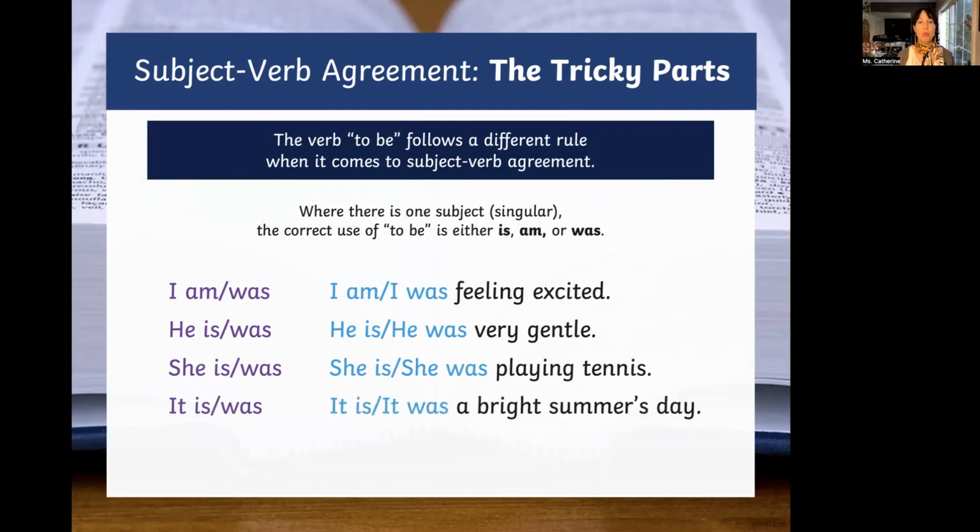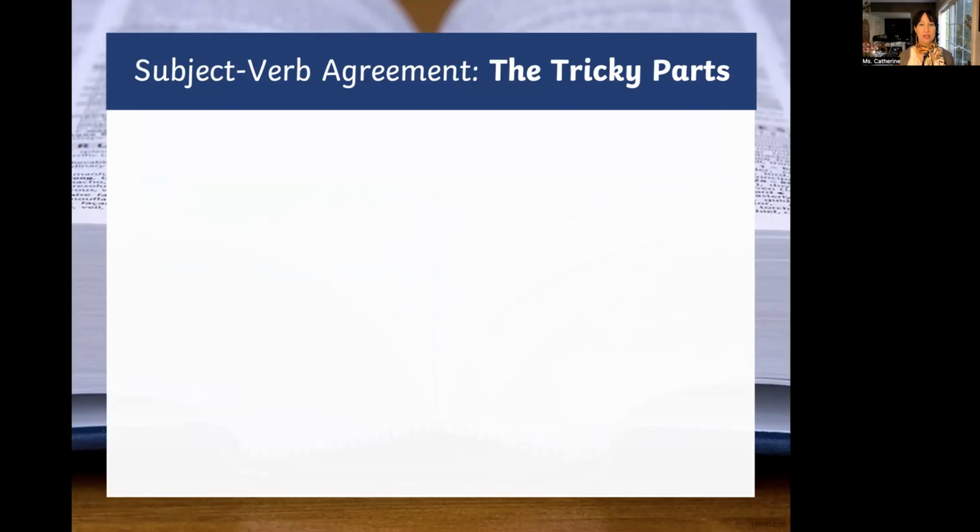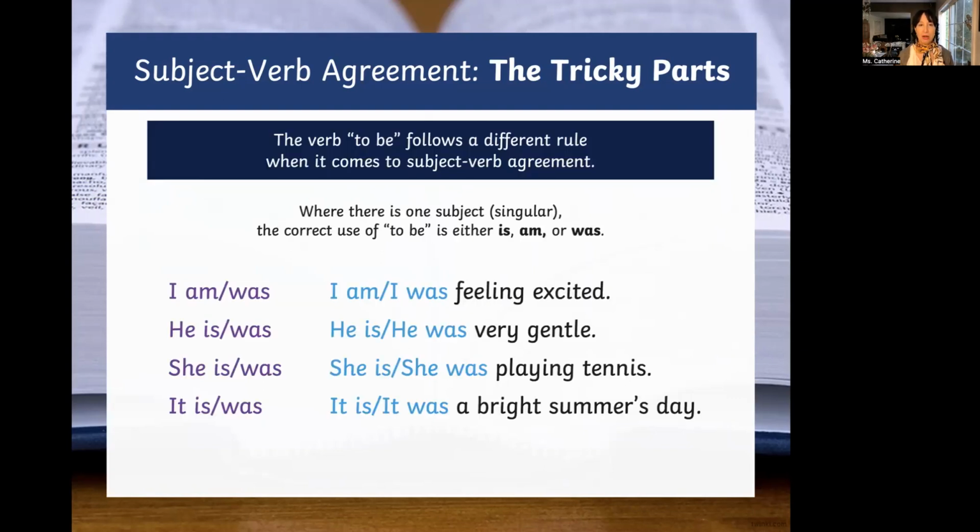It is, it was a bright summer's day. Okay, let me just go back here. The verb to be follows a different rule, okay? So when there's one subject, singular, one, the correct use of to be is either is, am, or was.